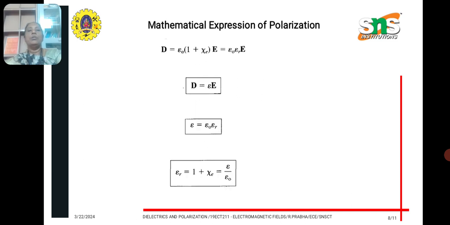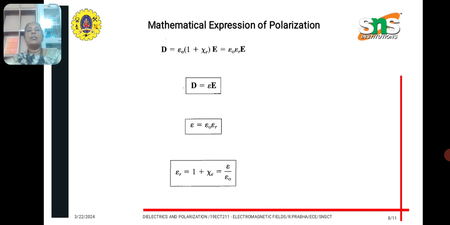And we know the relation D equal to epsilon E. D is the displacement density vector or electric flux density, and E is the electric field, and both are related with a constant called the permittivity of the given dielectric material. This epsilon is given as epsilon naught into epsilon r.